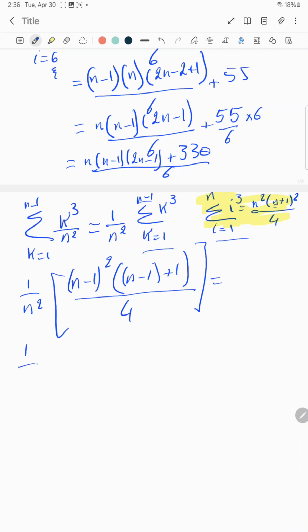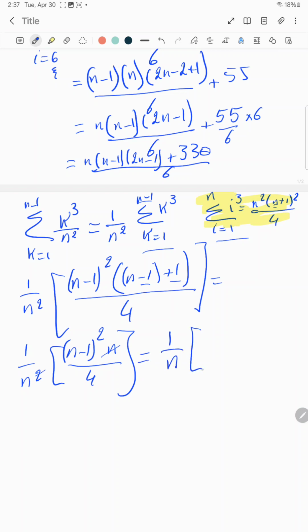This is equal to 1 over n squared times n minus 1 squared, and this is minus 1 plus 1, which is 0, times n divided by 4. And I can simplify here by n and by the square that is here, so the final answer is 1 divided by n multiplied by n minus 1 squared divided by 4. And that's my final answer.